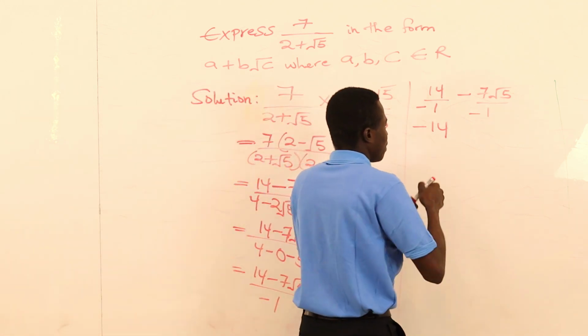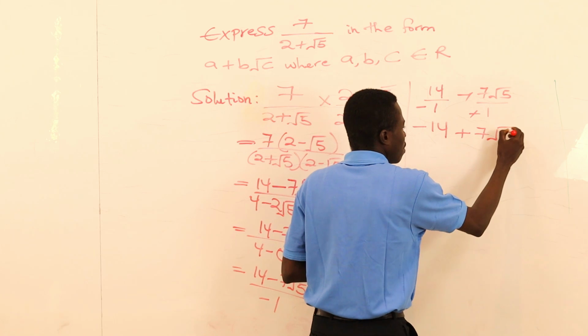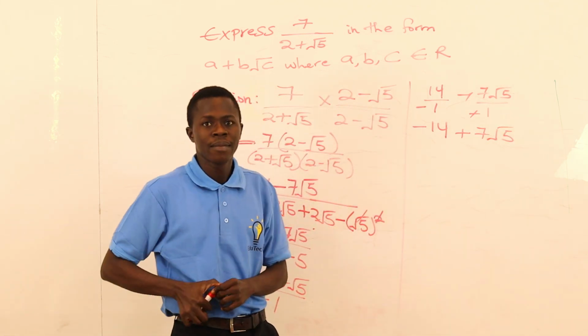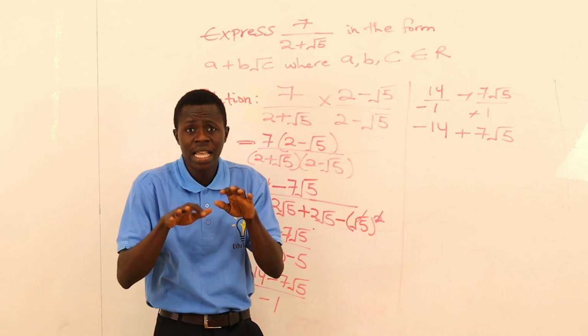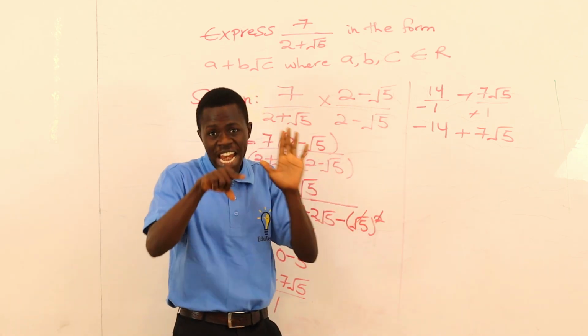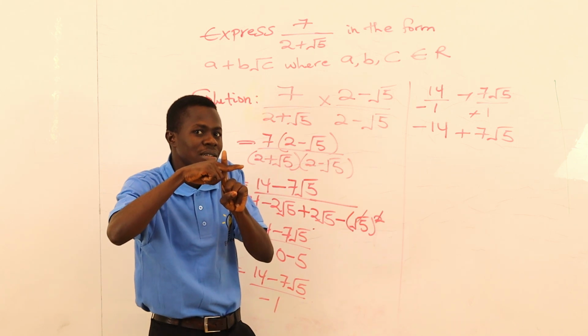So the denominator is also -1. So with the numerator being negative and the denominator being negative, the negatives cancel out and it becomes positive. So we are going to end up having plus 7 square root of 5.